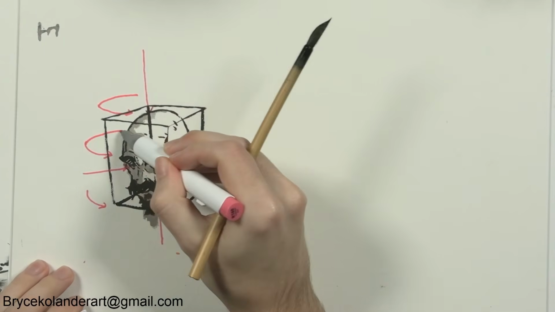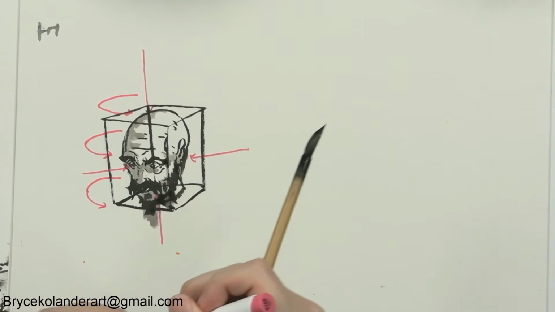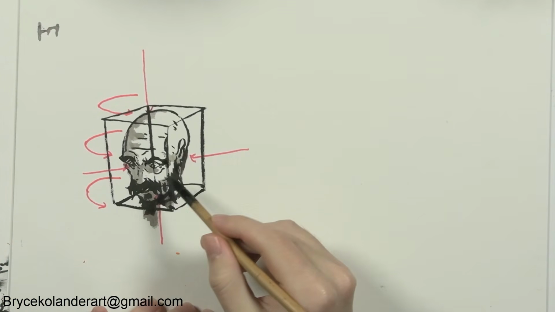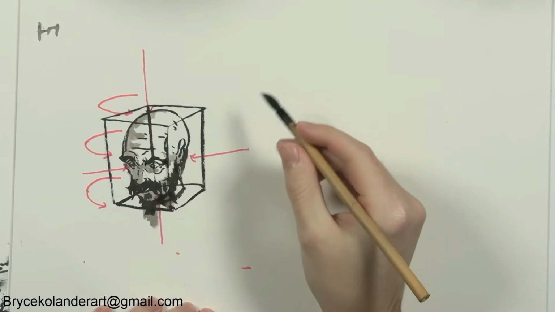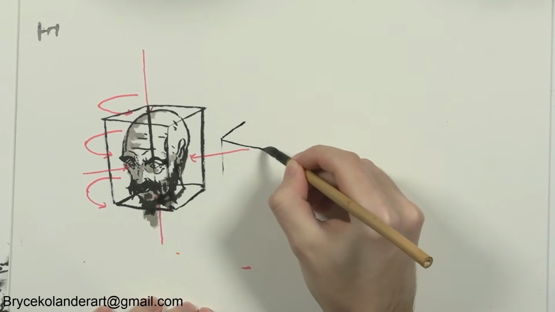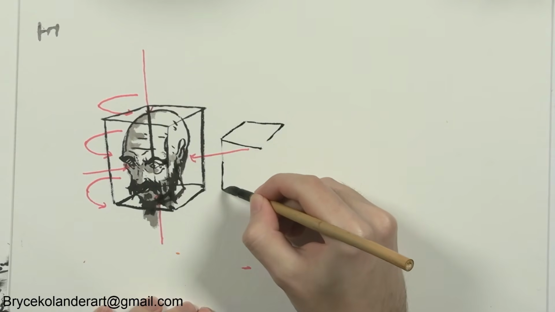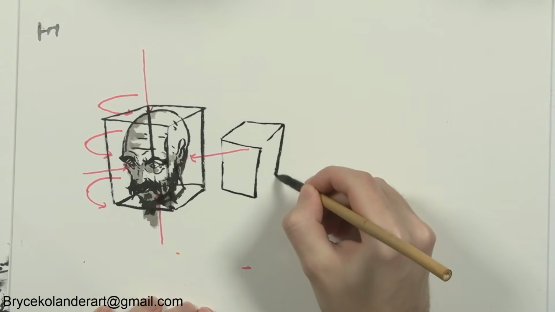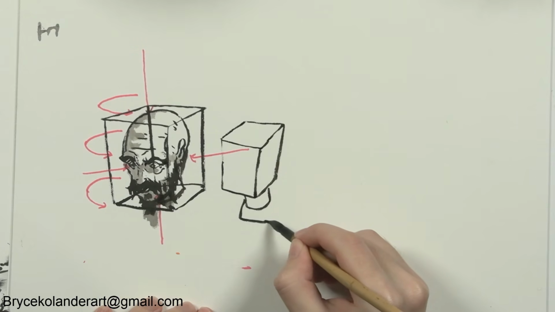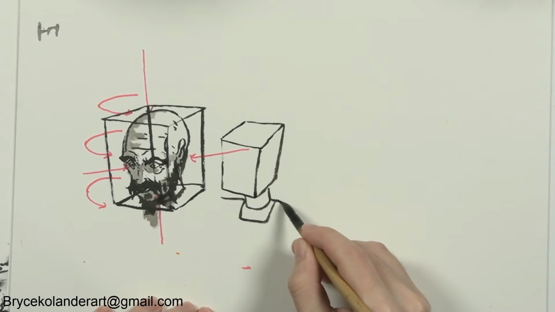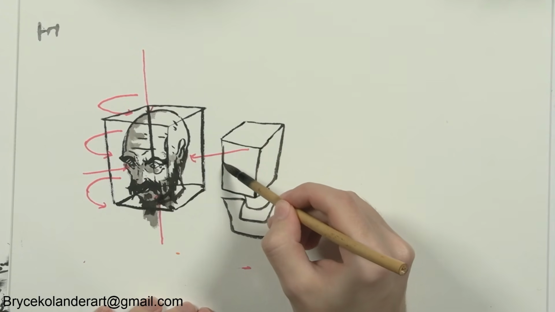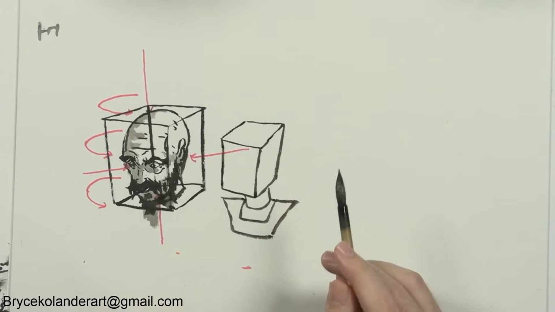So this kind of brings up a few other things of how it gets a little bit complicated, because instead of going from like a more simple mannequin head, we have basically just added a bunch of features.